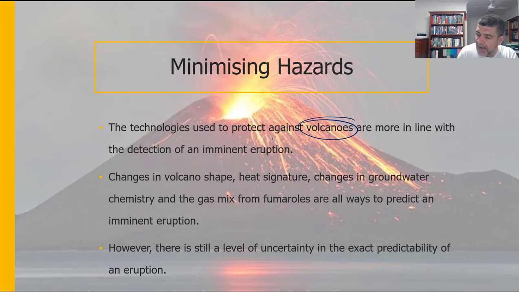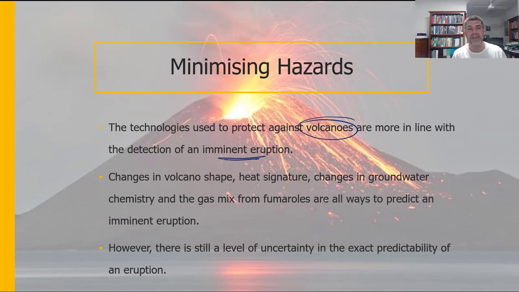Now, we've talked about the fact that one of the things associated with imminent eruptions is some classic changes that might be occurring in the topography in particular that may be indicators that something is about to happen.